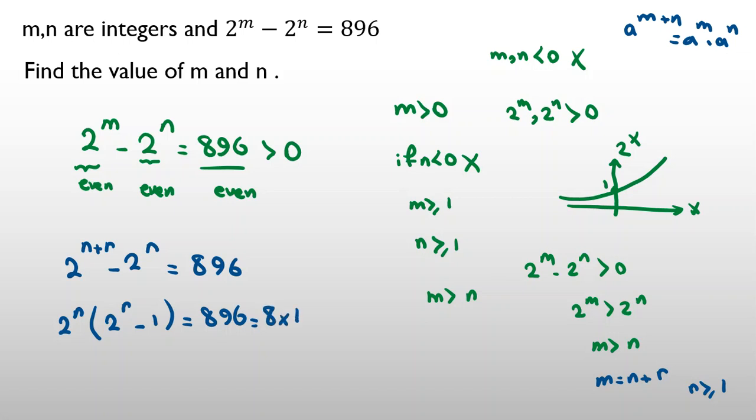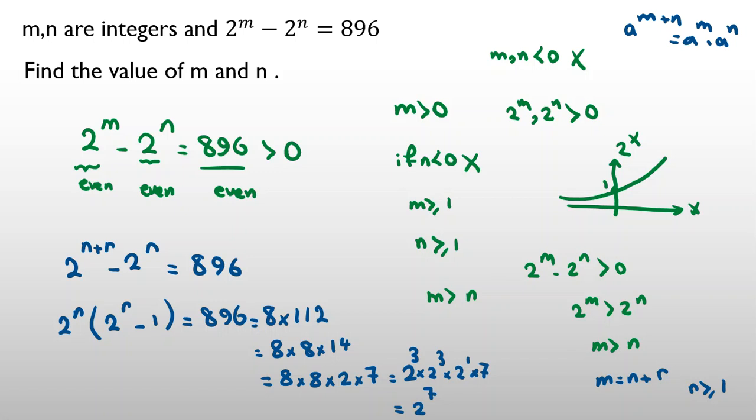Also, I can divide by 8, then by 8 again. So we can write 8 times 8 times 2 times 7, which is 2 cubed times 2 cubed times 2 to the 1 times 7. So it will be 2 to the 3 plus 3 plus 1, 2 to the 7 times 7.